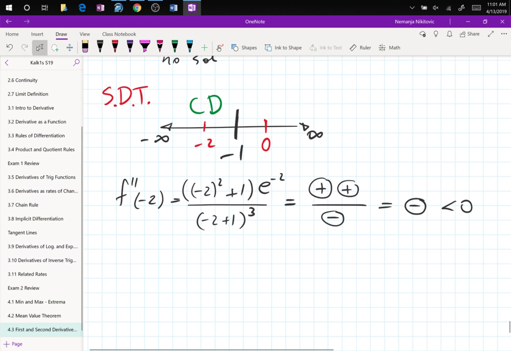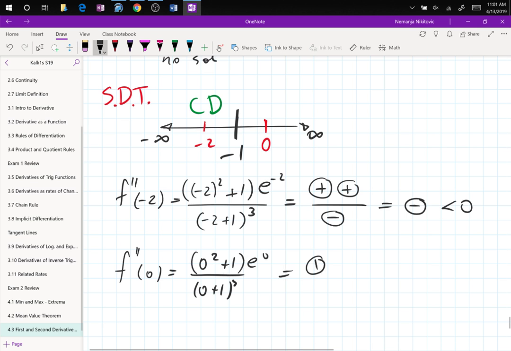And now I'm going to do the other calculation with 0. So f double prime at 0 is going to be 0 squared plus 1 divided by 0 plus 1 everything cubed, and then e to the 0, which is 1. So that's a positive times a positive divided by a positive. So all positive, larger than 0, concave up.